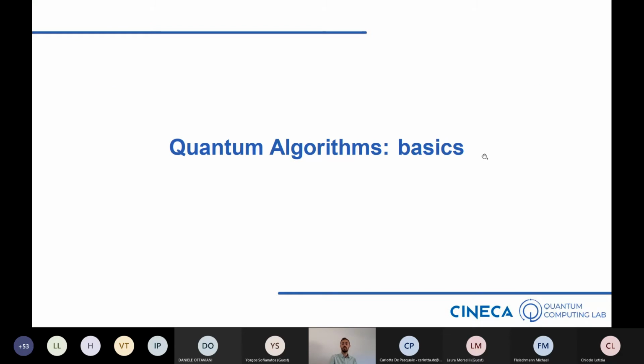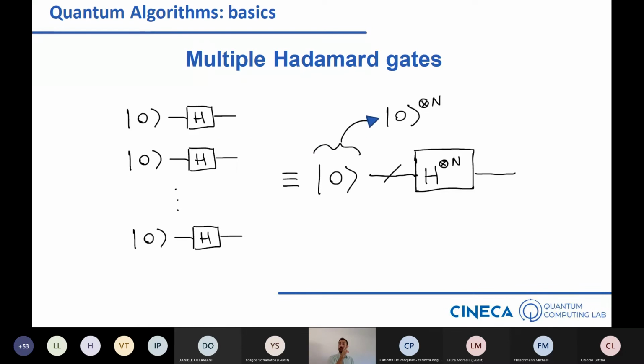Then, let's go with the basics of quantum algorithms. The first thing that I want to clarify is the following. We know the action of H when you apply it to a single qubit.